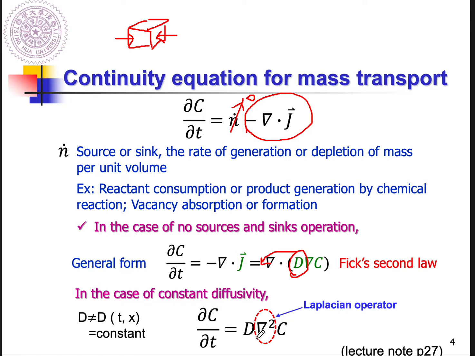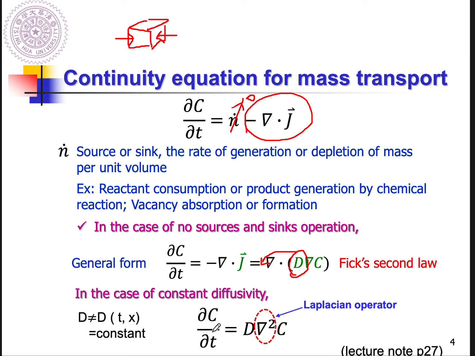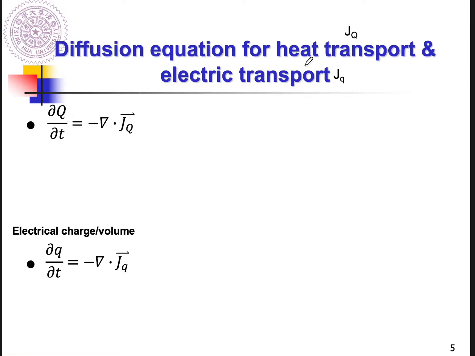The same idea can be applied not only for mass transport, but also for heat transport and electric transport. We just change the quantity here; for mass we use concentration. If we talk about heat transport, the heat changes, partial Q partial t, equals minus the divergence of the heat flux, also assuming there's no generation or depletion of heat in your system.